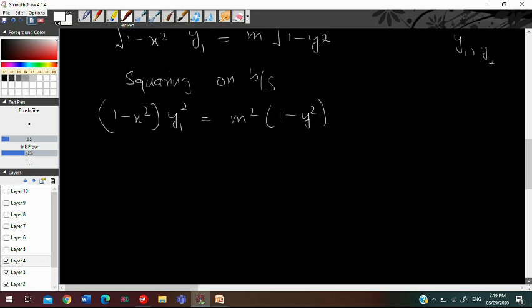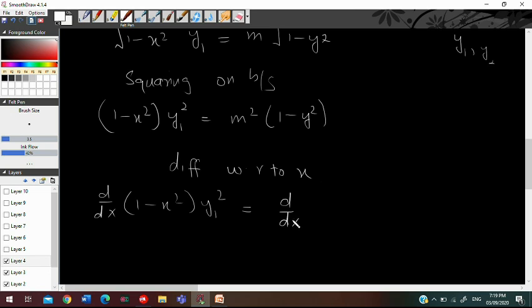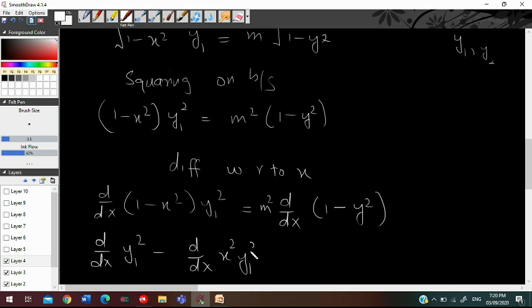Now if we differentiate this equation again with respect to x, d/dx of (1 − x²) y1², and d/dx of m²(1 − y²), where m² is a constant. Again we have two terms: d/dx of y1² minus d/dx of x² y1² equals m² d/dx of 1 minus d/dx of y².